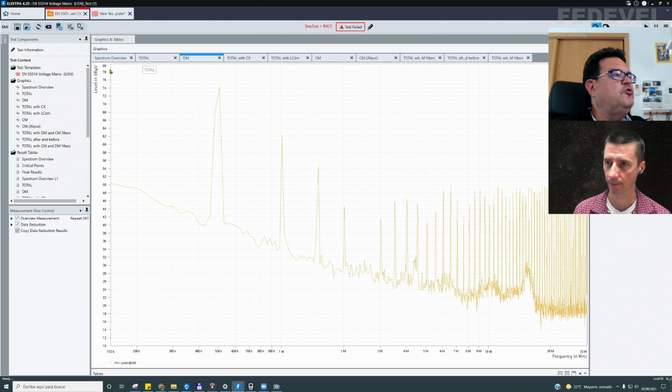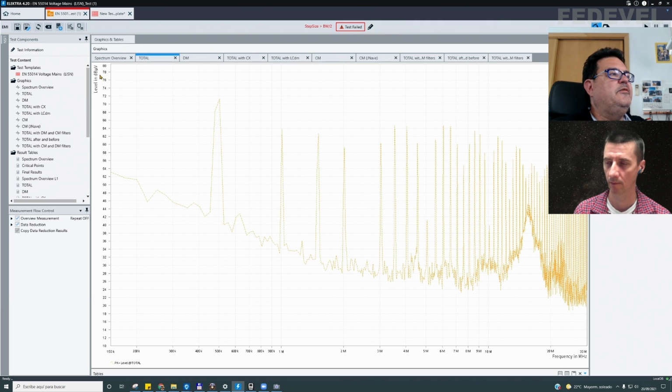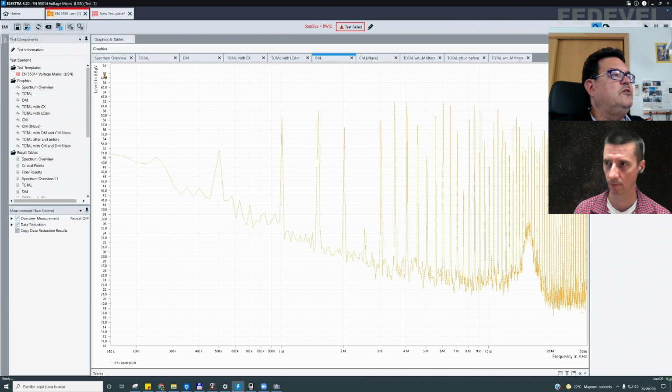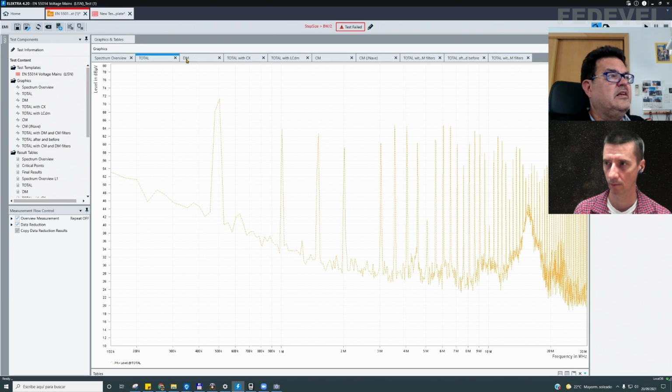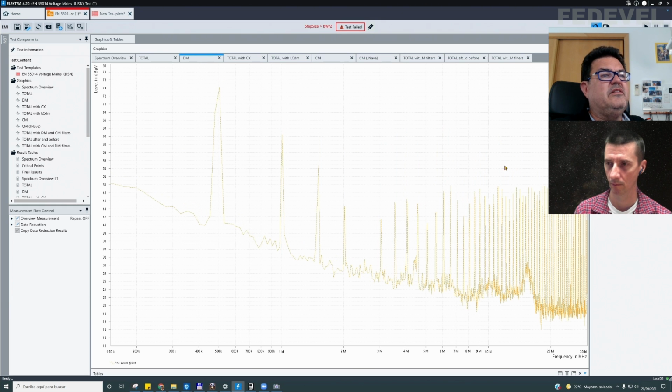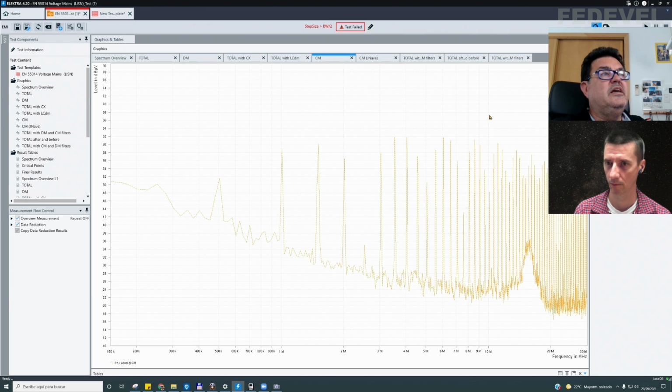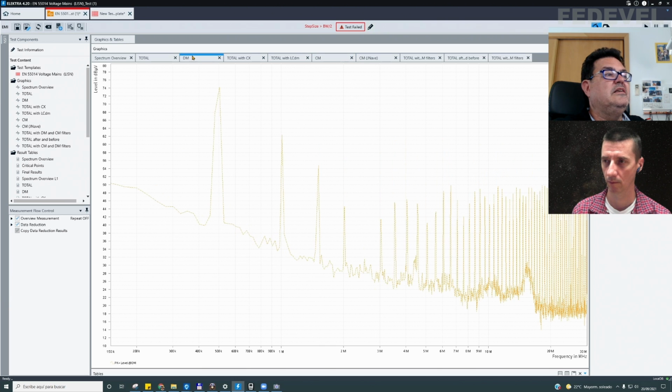To be able to compare, we need to put the same scale. So differential mode and total go to 80 dB microvolts. So in common mode, I need to go here and change the scale to go up to 80. So we can really compare, no? So this is the total. This is the differential mode. You can see that in this frequency range, there is a lot of reduction. And if you see the common mode, the frequencies in this frequency range are important, but at the low frequencies, it is not as important as in the differential mode.